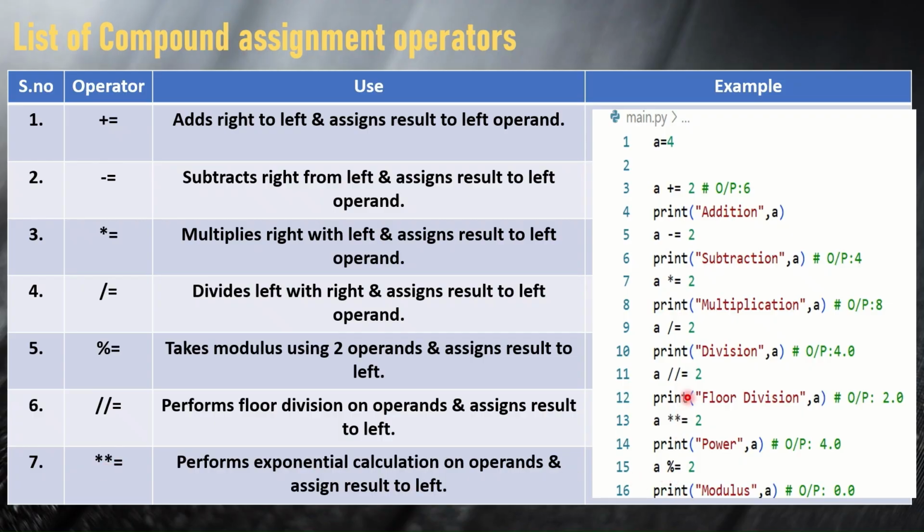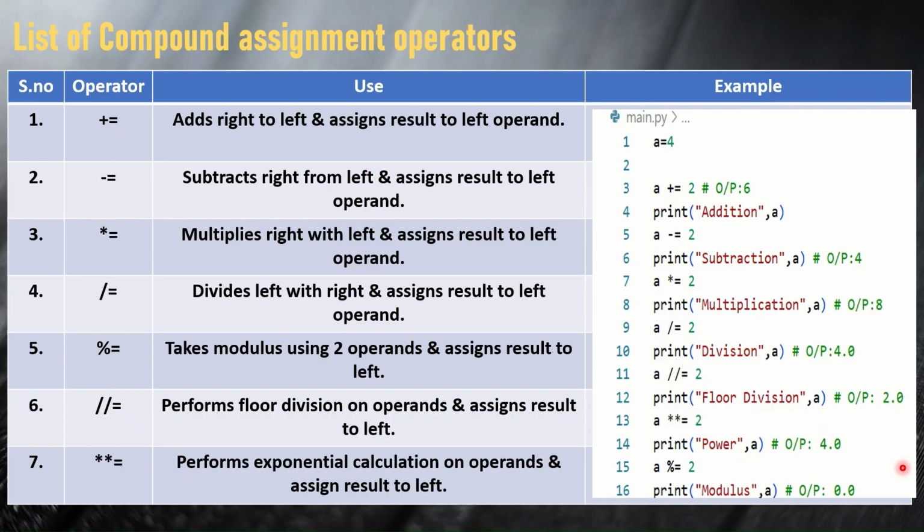So here a star star equals 2. That itself means a equals a star star 2. And this outputs 4.0. So we have the value of a as 2 to the power of 2, which means 4. So this is all about the list of compound assignment operators and their use.